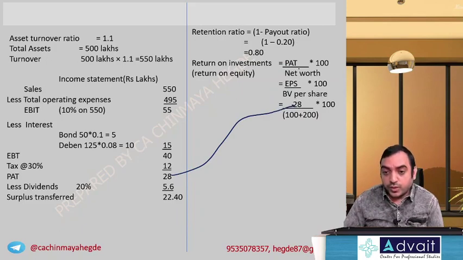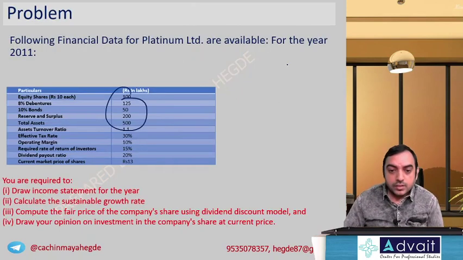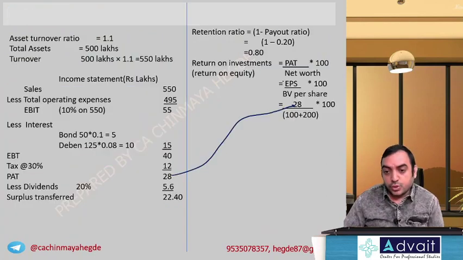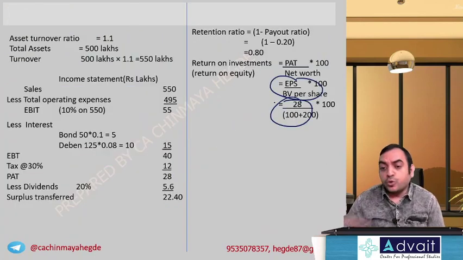Net worth: reserves and surplus 200, and equity share capital 100. So net worth equity 100 plus 200, 300. You can do per share basis or total basis. I am doing total basis.